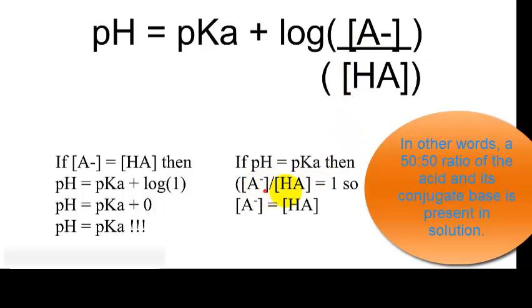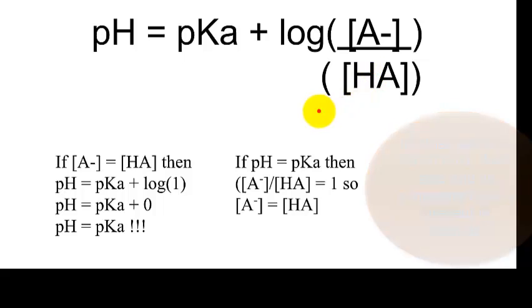Or, as I said, if the ratio is 1, those two are equal to each other and the pH is equal to the pKa. But only at that point. pH doesn't always necessarily equal pKa, only under very specific circumstances. That is, if the ratio of the conjugate acid and the conjugate base in its solution is equal to 1. So, for example, if I just put some acetic acid into water, is the pH going to be 4.75?